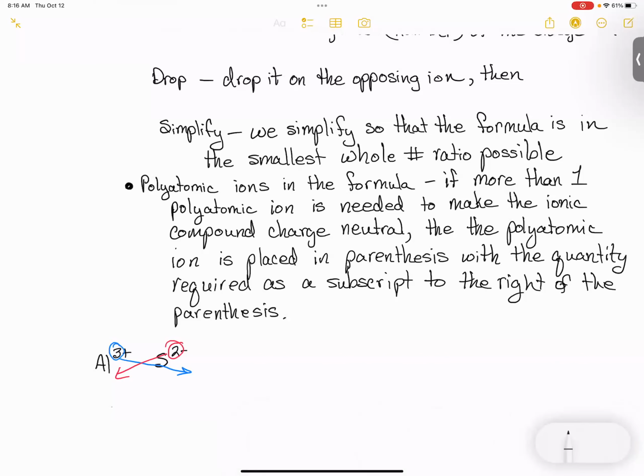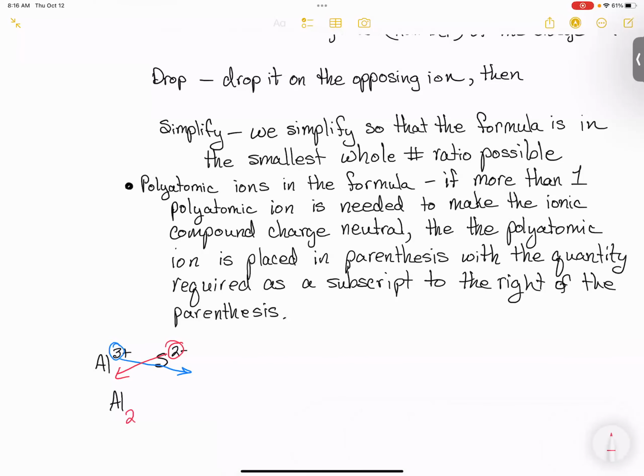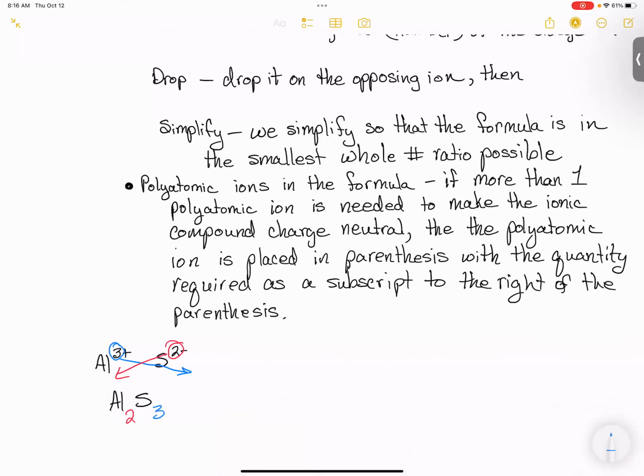So we wind up with Al2S3. And that is the formula of a compound that contains aluminum ion and sulfide ion. Again, we only drop the magnitude. We don't drop the sign of the charge.